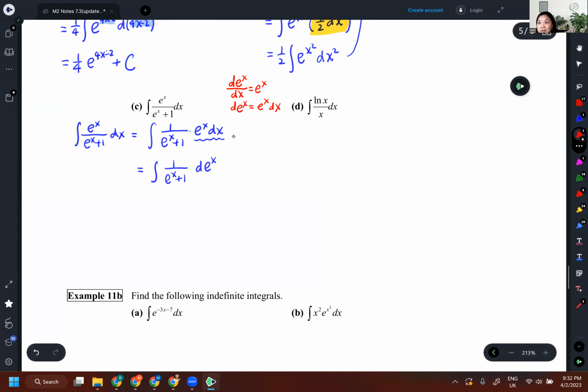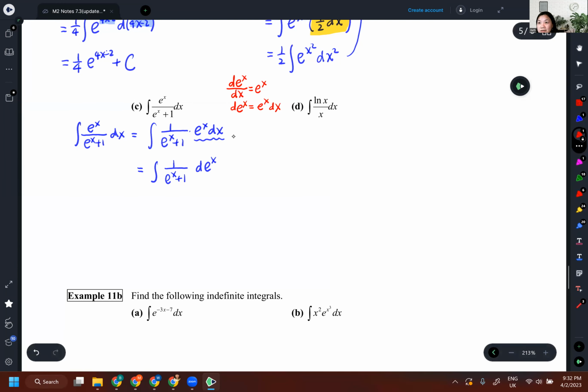That's my substitution. You see? I change it, and now I can change it to e to the power x plus 1 d e to the power x plus 1. Again, I'm adding 1 to it so that it will fit my objective.